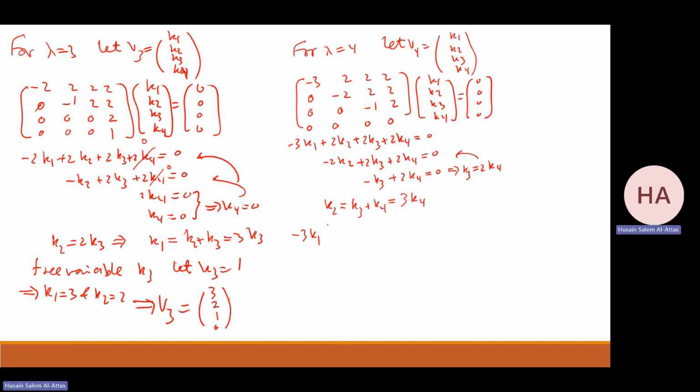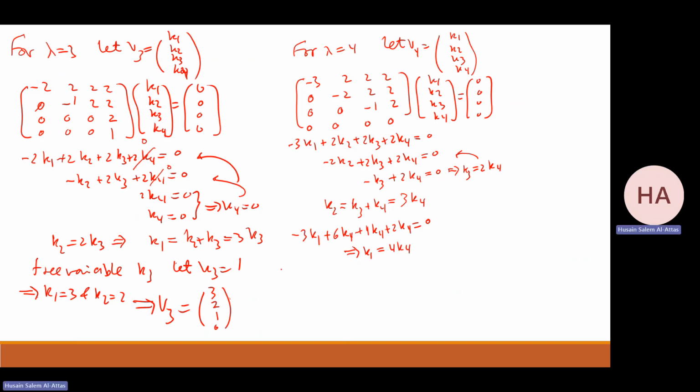K2 is 3k4, plus 6k4. 2k3, that will be 4k4, plus 2k4 equals 0. I write everything in terms of k4. So I have k1 will be 12 over 3, 4k4.